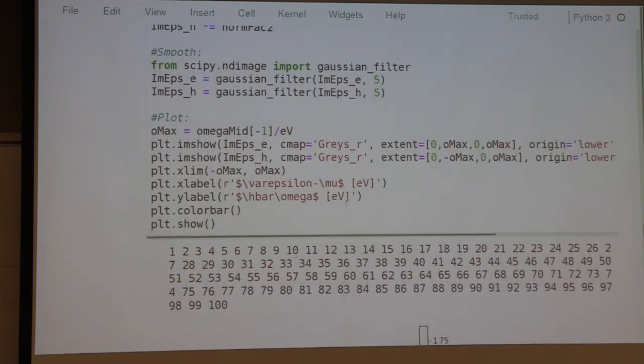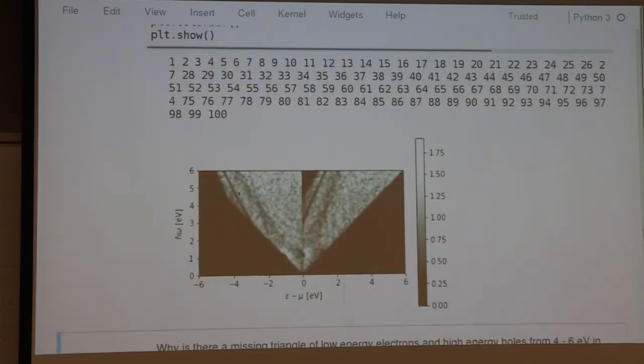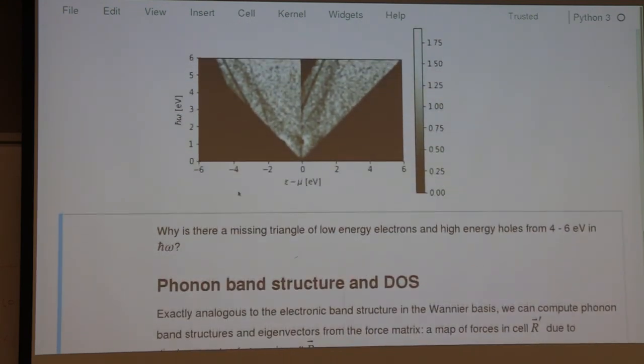And I plot that using imshow, and there's some jugglery here to have the correct orientation. You can look at imshow's documentation to do that. I did not choose a 3D plot here because it doesn't work well within the notebook, but this is basically the same as the plots of the carrier distributions I was showing you yesterday.